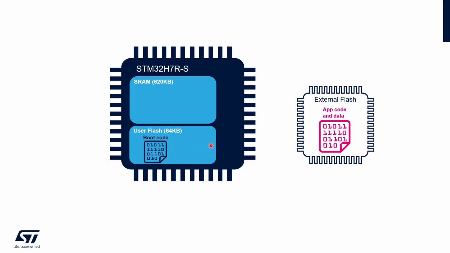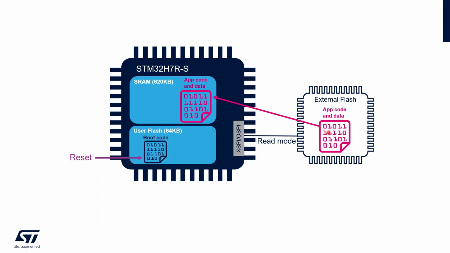The second option, load and run, means that after reset, it will configure the OSPI in read mode and simply load the data from the external memory and put it into the internal memory of the STM32. You use this option mainly in case you have an external memory which is not possible to map directly on the STM32, for example an SD card or an eMMC card, which cannot be internally mapped.